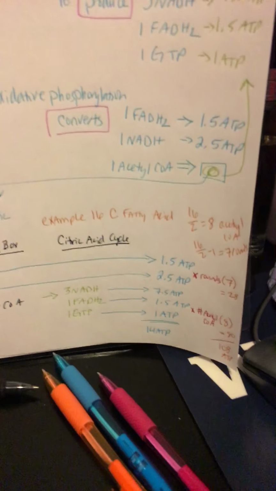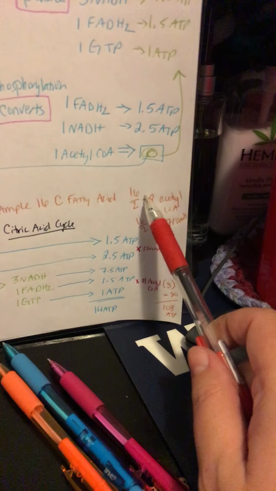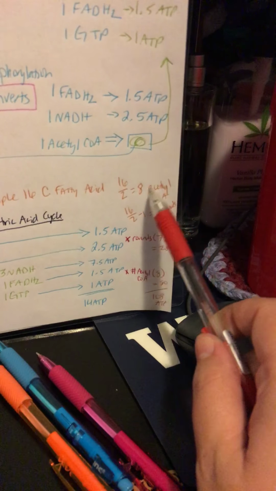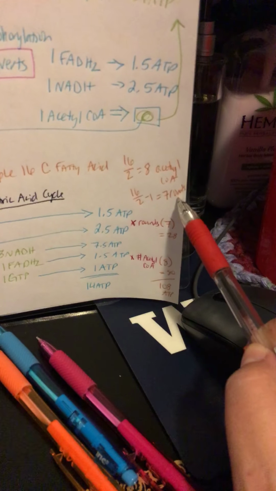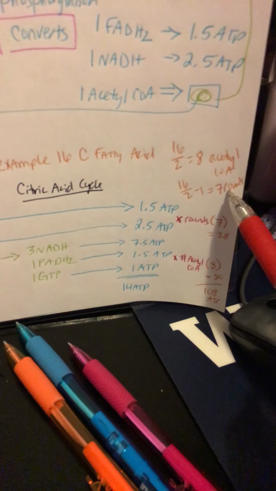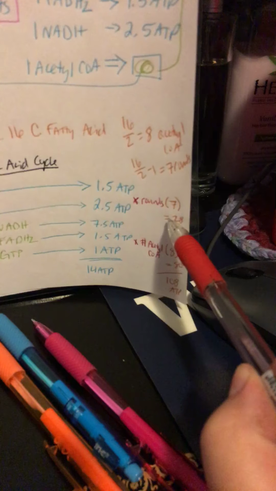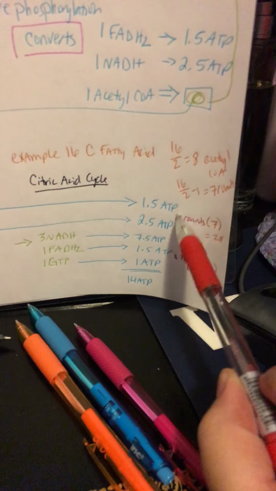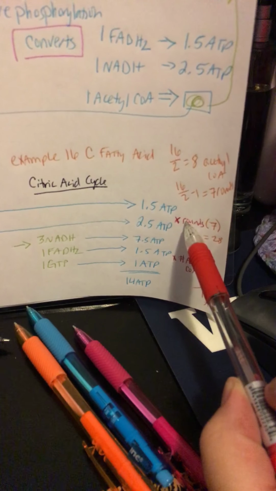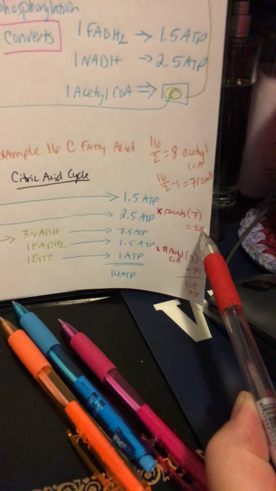Okay, so then with the question, if we have a 16 carbon fatty acid, we know that 16 divided by 2 is going to be producing 8 acetyl-CoA. And then 16 divided by 2 minus 1 is 7 rounds of beta oxidation. So that's why you would take this FADH2 and NADH, and you would times that by the 7 rounds of beta oxidation, and that gives us our 28 ATP.